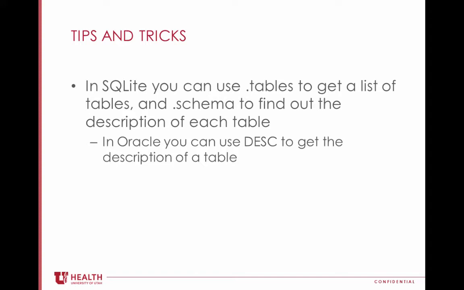So this is a common shortcut in many DBMS. The words you use or the approach you use to get it might vary, but the idea that you can give a command and find out the metadata, the table structures, is pretty common.